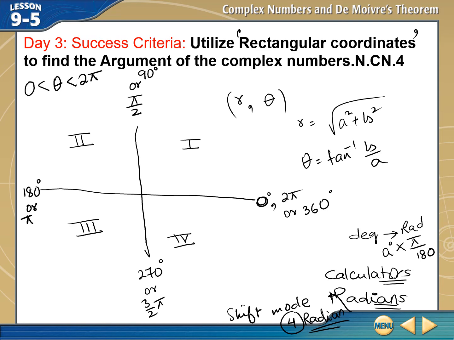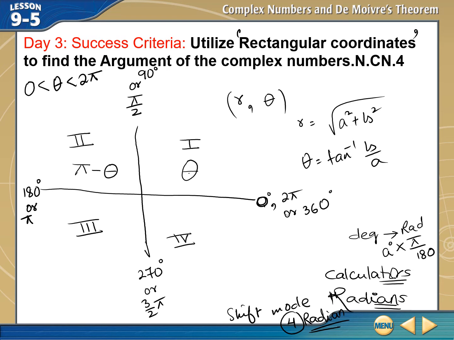So this is my theta, and I'm trying to generalize my formulas. Anything that comes in the first quadrant, from 0 till 90 degree or pi over 2, whatever the answer comes, you will take it as it is. Now if you want to jump from the first quadrant to the second quadrant, use the formula pi minus theta.